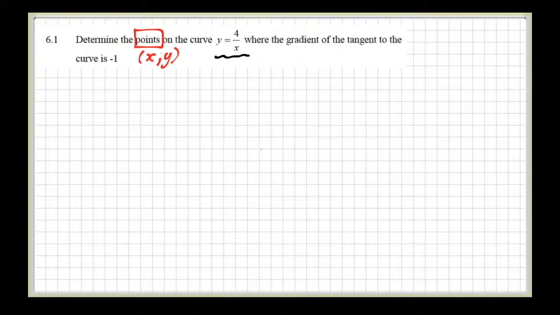So they are telling me that the gradient of the graph, or the gradient of the tangent, is a specific value. When I hear gradient, I think of derivatives, or dy over dx. That means for my curve y equals 4 over x, I've got to derive that function.